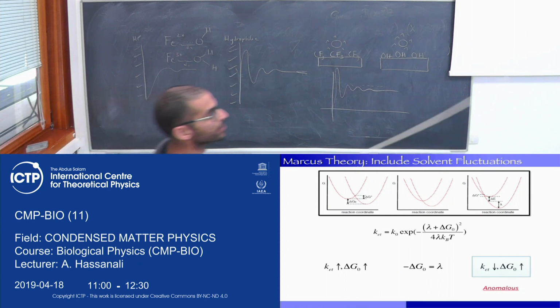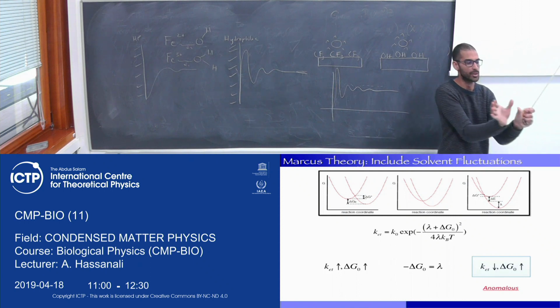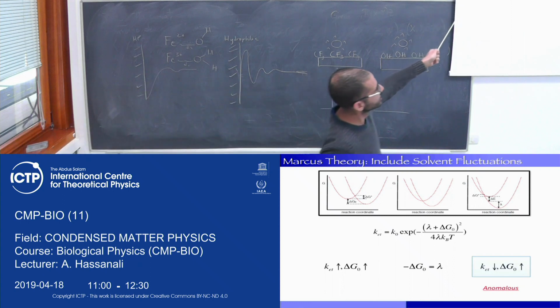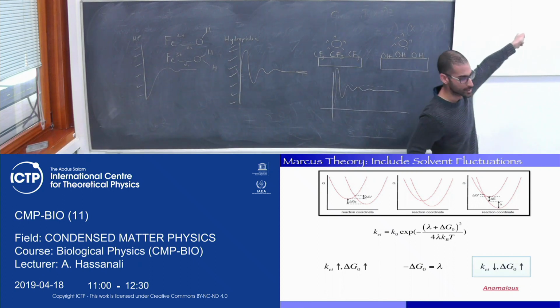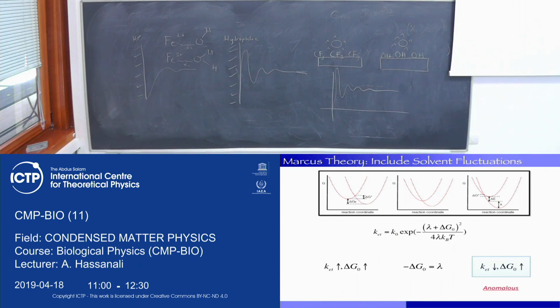And the activation barriers can depend a lot on the details of how the two parabolas are aligned with each other. So, normal, barrierless, and then anomalous. This is what he predicted in the 50s, and it was only 20 years later that people showed experimentally that this is actually the case. This is why he got the Nobel Prize for his contribution to this.